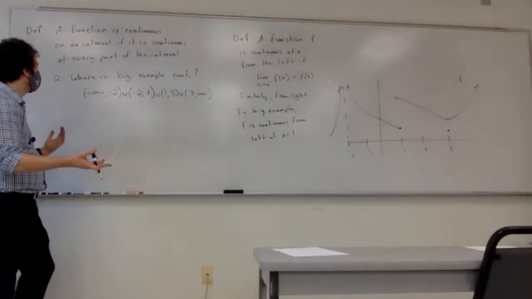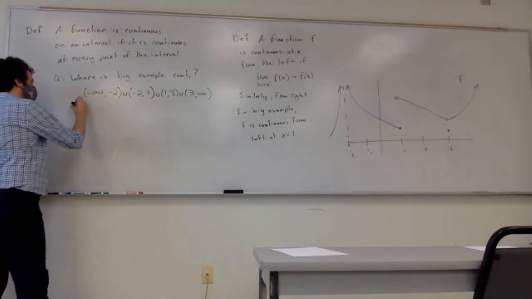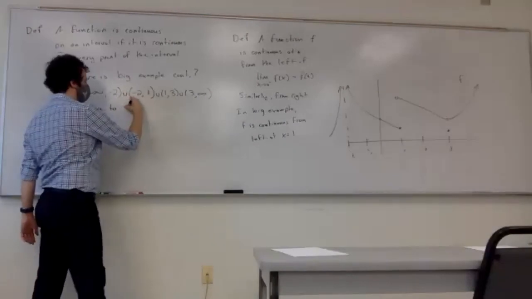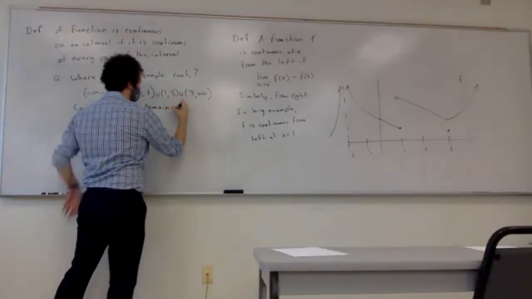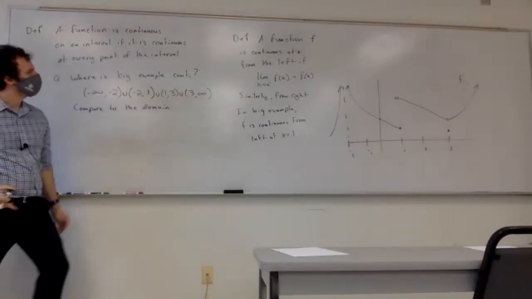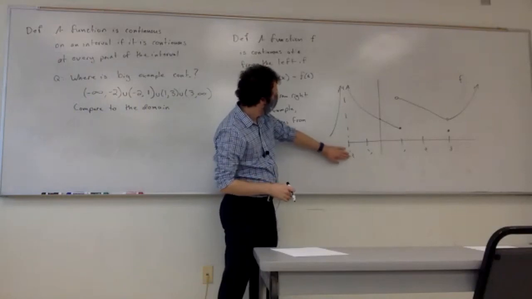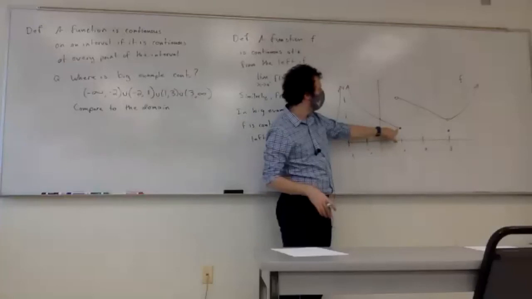What's constructive, or I think a good comparison to do, is compare this to the domain. So if we looked at where this thing is defined, -2, no, because of the asymptote, but at 1, we have the point.